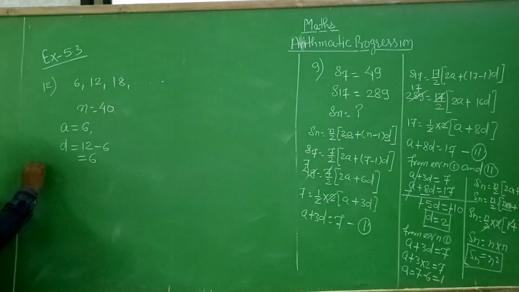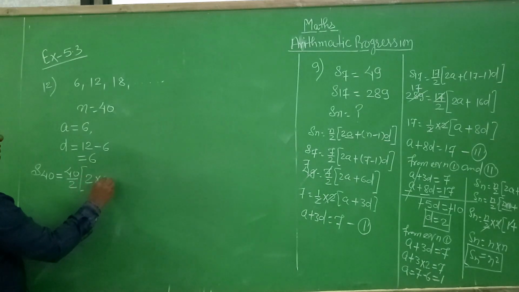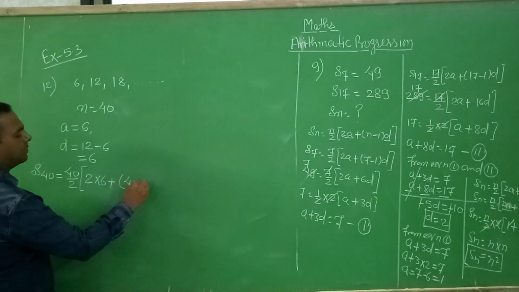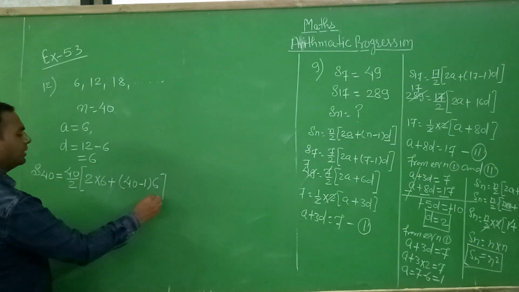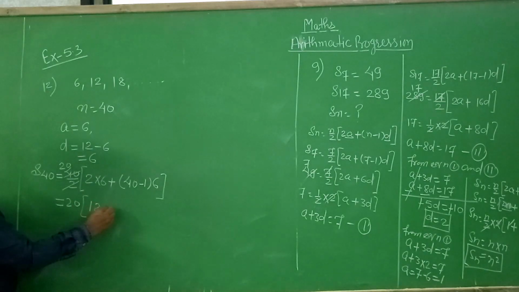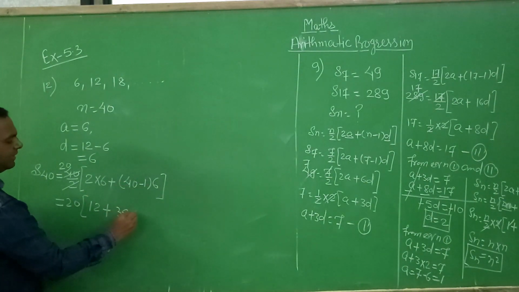So you apply the formula S40 is equal to 40 by 2 bracket 2a, that is 2 into 6, plus n minus 1, that is 40 minus 1, into d, the common difference, which is also 6. So 40 by 2 is 20, bracket 2 sixes are 12 plus 39 into 6.